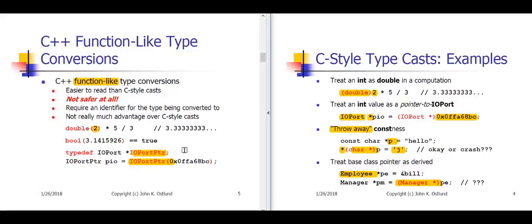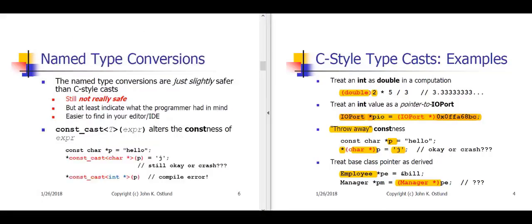That works fine. It allows me to use the function style type conversion from the early days of C++, but notice that I haven't gained any safety, and I've had to write 2 lines of code now in using a typedef rather than the 1 line of code that I wrote over here on slide 4 using the C-style typecast.